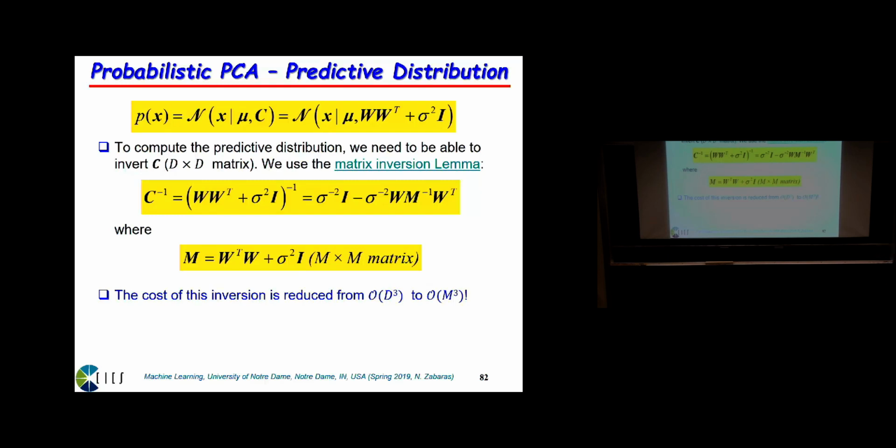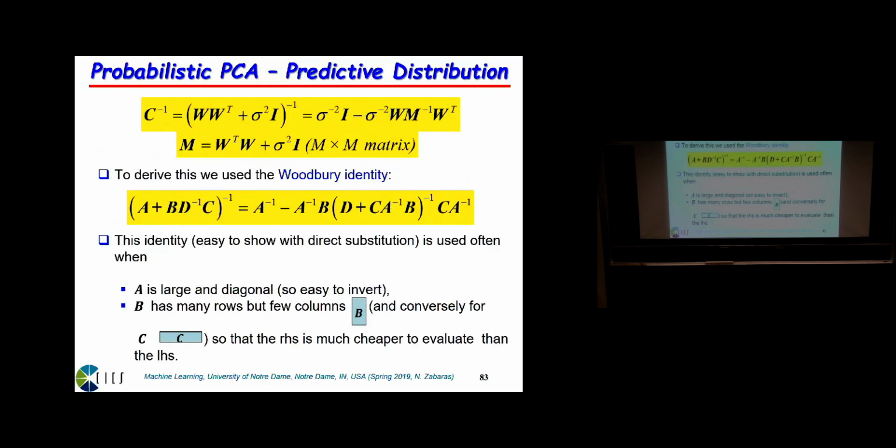So you go from the inversion of something that is d by d to something that is m by m. So the computational cost of the inversion is reduced from d cubed to m cubed. Significant advantage.